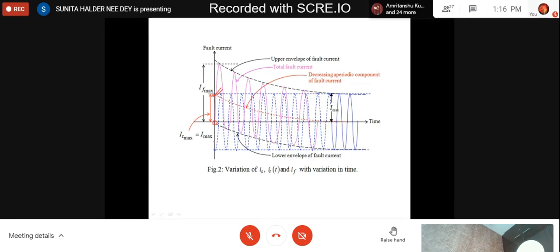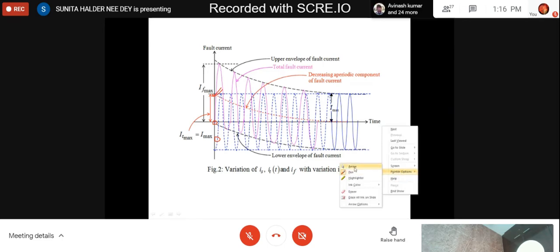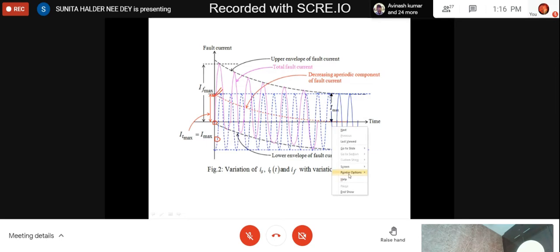So now at any intermediate point, the steady state current is going on increasing. That means it is going from a negative value to zero, then it will become positive, and the transient component is gradually decaying down. So at omega t equal to pi, what will happen?